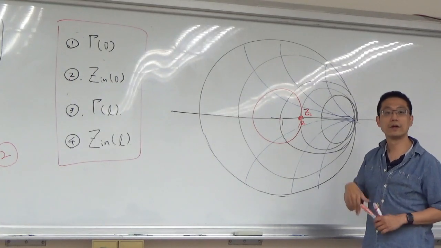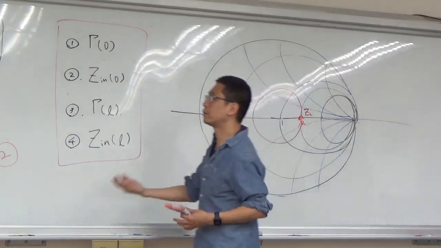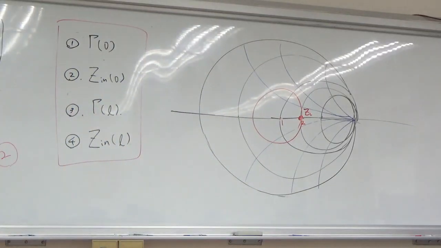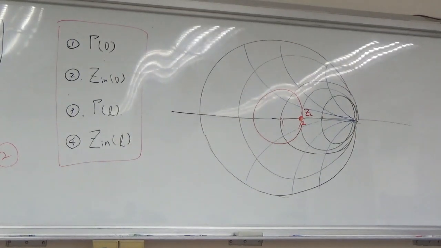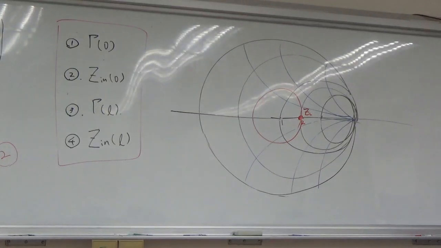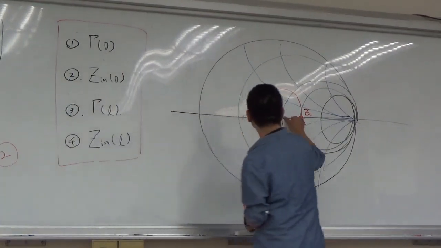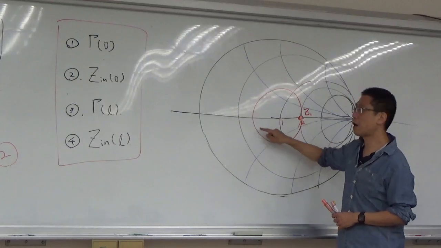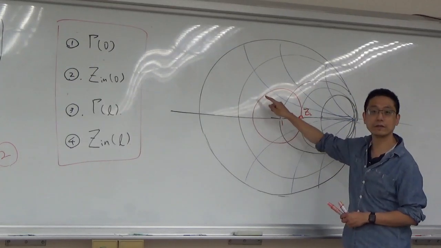Okay. Do you remember what we just derived? How long will the Smith chart repeat the same thing? How long? Lambda. Half wavelength. Okay. So this circle means half wavelength.